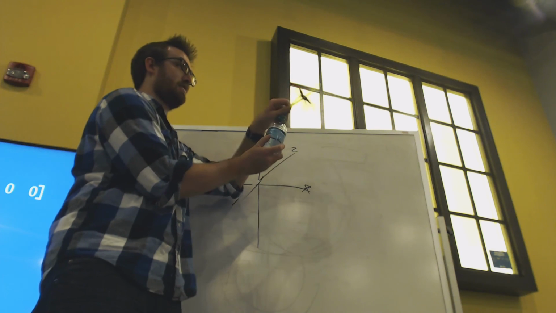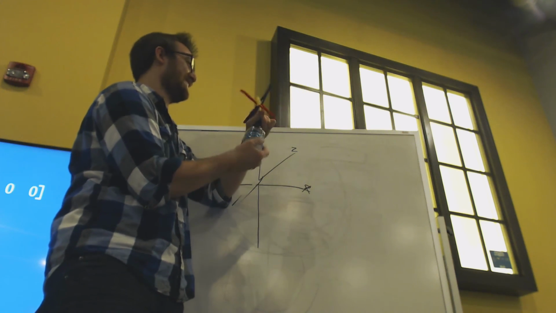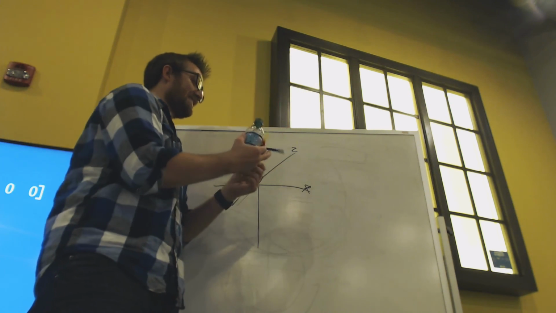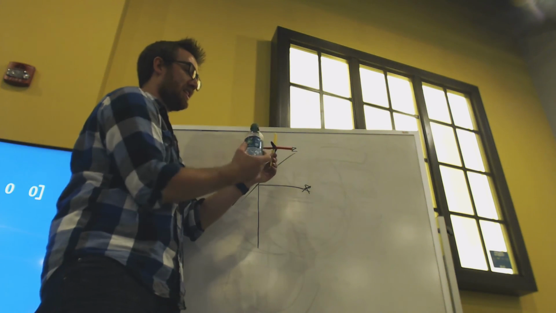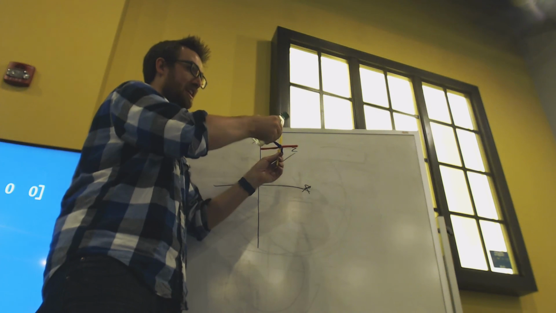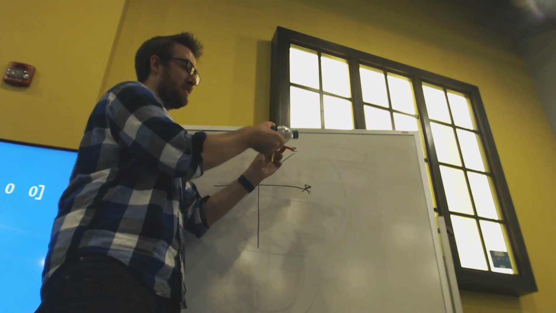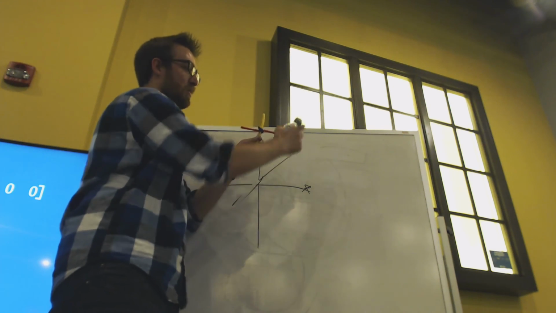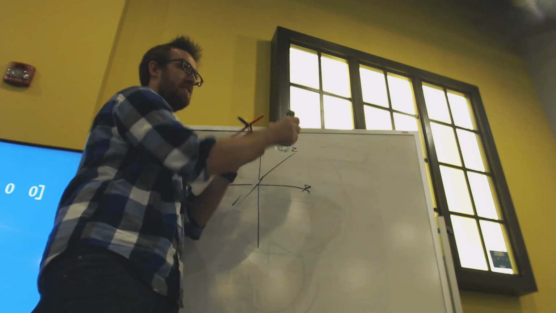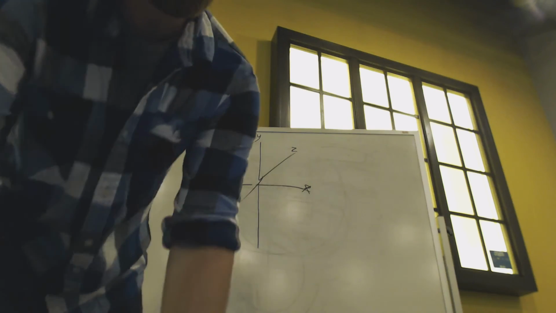Then if we wanted to rotate around the z-axis, we would rotate like that. If we wanted to rotate around the x-axis, it would go around like that. So you're rotating around the line rather than with it.